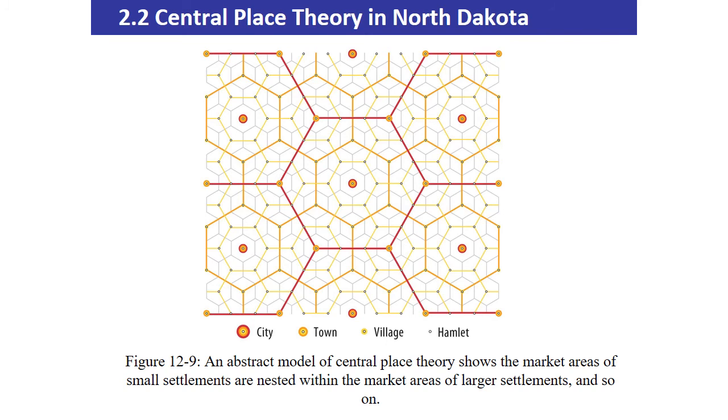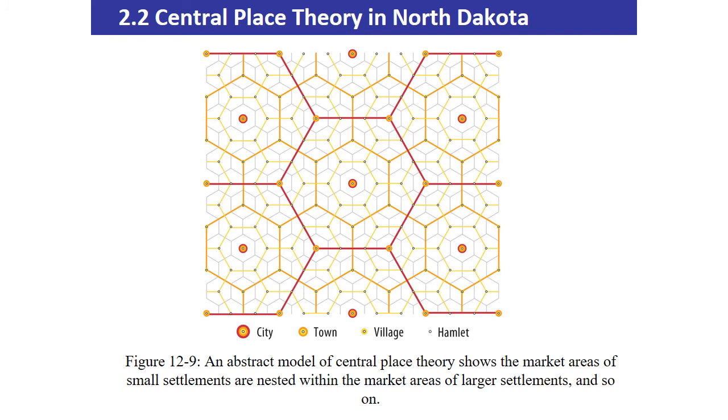And then you see in the kind of orange areas, right, these hexagons drawn around these other towns, these kind of larger towns, right, that create central places for the villages and hamlets around them, all of which are dependent on these distributed cities, right?